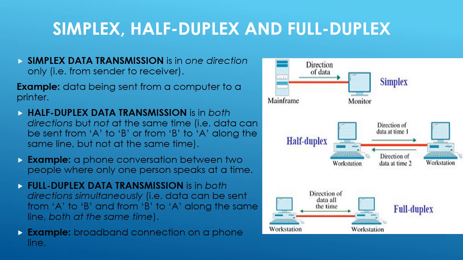An example is a broadband connection on a phone line, video conferencing, mobile communication, or the usual telephonic communication. So these were the three modes of communication: simplex, half duplex, and full duplex.